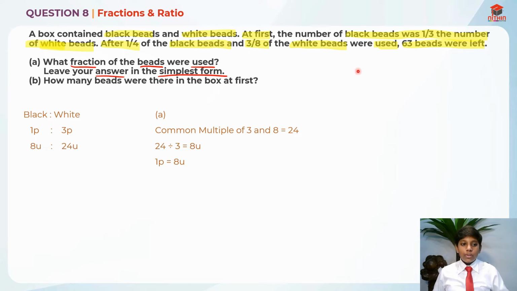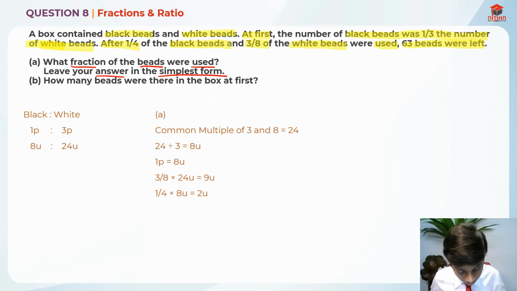So after that we are going to find the number of beads used for black and white. The number of beads used for black is 1/4 times 8 units. Sorry, I'm going to find for white first. So 3/8 times 24 units will give us 9 units. After that, we take 1/4 times 8 units, which gives us 2 units.